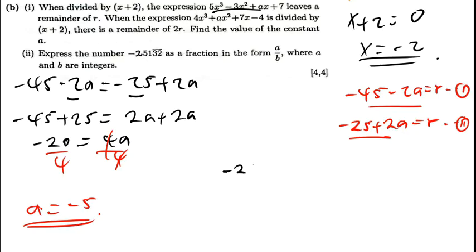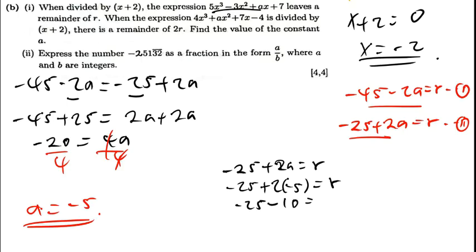For example, let me choose the second one being equal to r. So where there is a, you plug in negative 5, should be equal to r. And then you are going to have negative 25 minus 10 being equal to r. So r will be negative 30. Okay, that's what we should know.